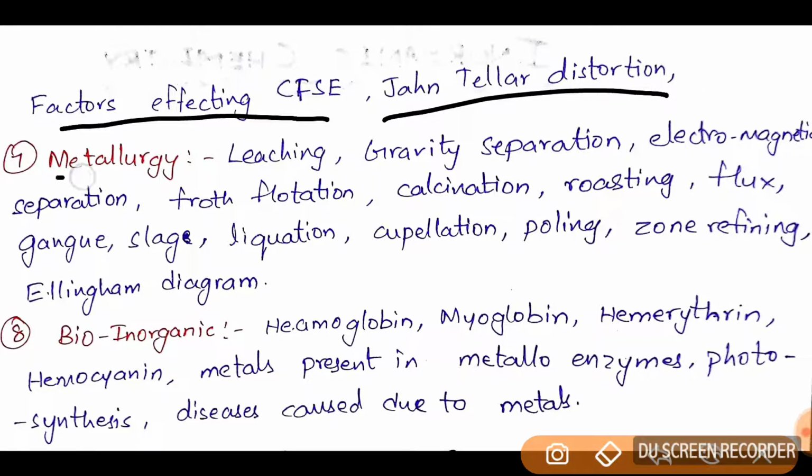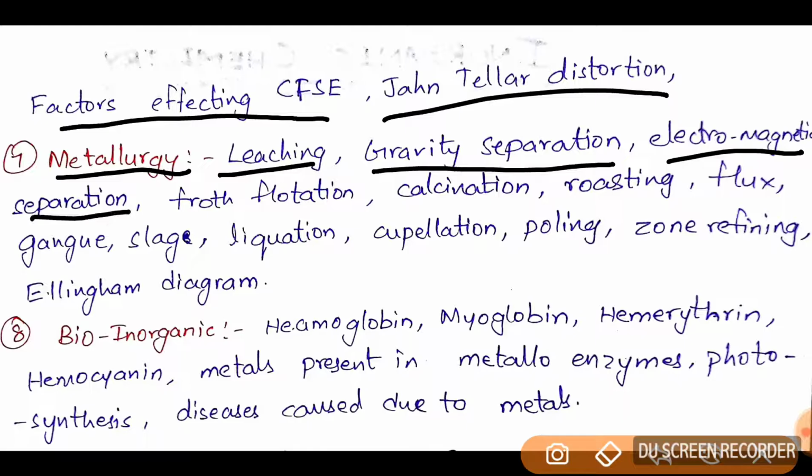And here comes metallurgy. From metallurgy, all these concepts are very important with examples. So be good with examples of all these concepts, guys. And leaching, gravity separation, electromagnetic separation. The questions will be like, which of the following minerals undergo electromagnetic separation.